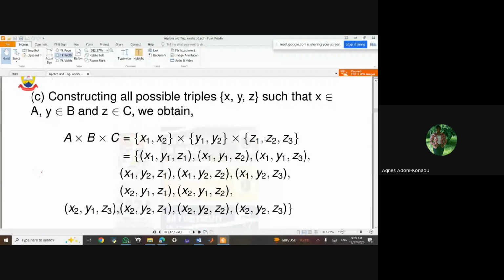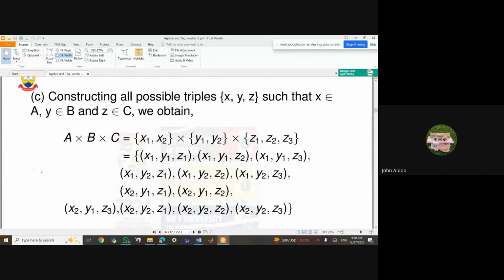Madam, which one are we using to multiply the x, y, z? This is x, this is for A, this is for B, this is for z. So you pick x, you pick y, you pick z. Always make sure the x comes first.